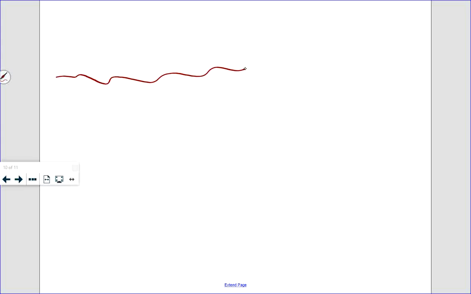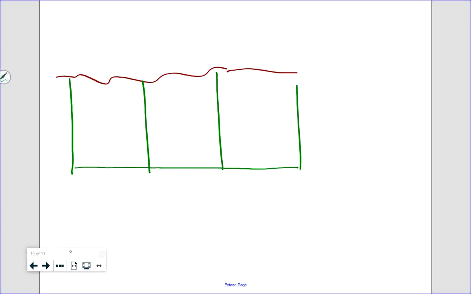Anyway, for a number of reasons, they actually want 3 sections. And they have, I don't know, let's say 1,000 feet of fencing. And the question is, what's the maximum area? What are the dimensions that will produce the maximum area?